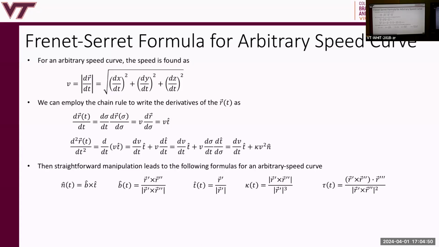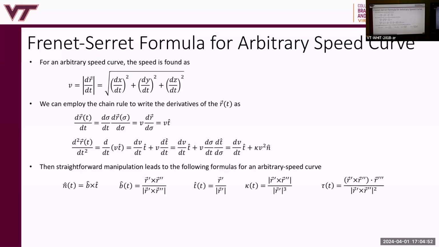So the derivative of r of t here is equal to, let's introduce the parameter sigma, d sigma/dt multiplied by dr/d sigma. If these two cancel, which you're not supposed to do, but if it does, then you get back to dr/dt, right? Okay, so d sigma/dt, we're going to call the velocity, right?